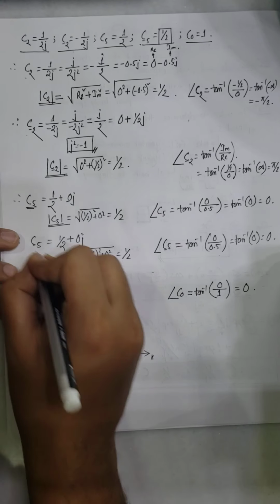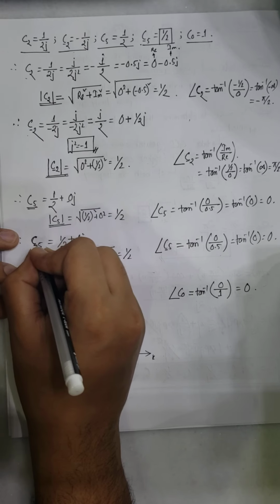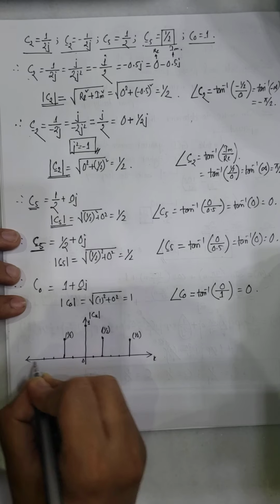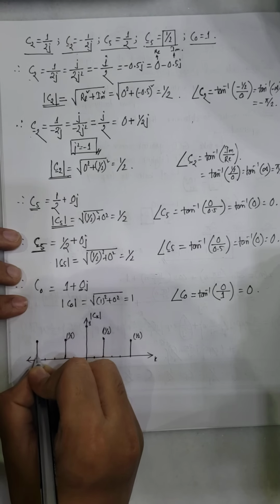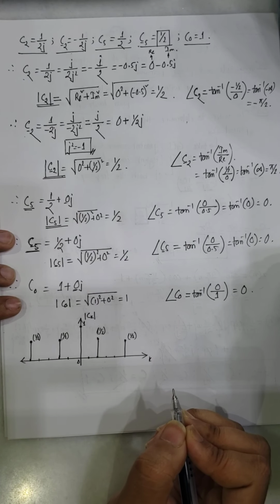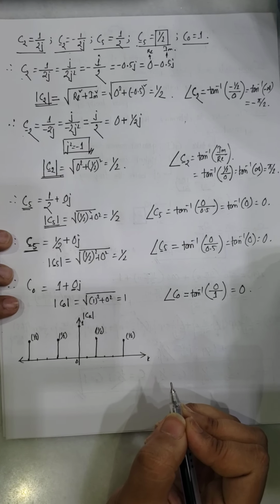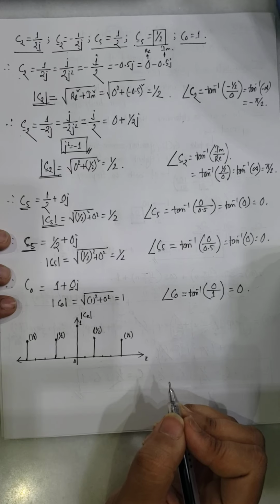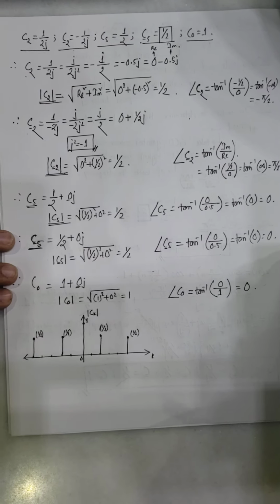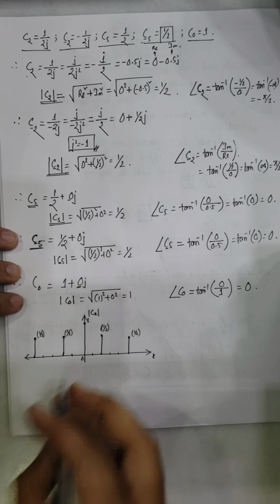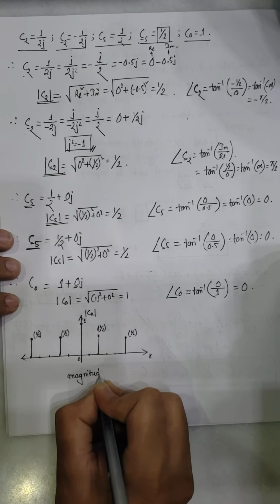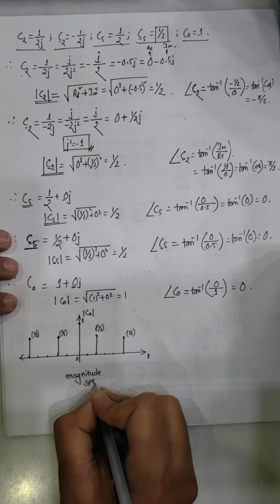And on the negative side as well, for C of minus 5, 1, 2, 3, 4, 5, this part is also half. So ladies and gentlemen, this is the required magnitude spectrum.